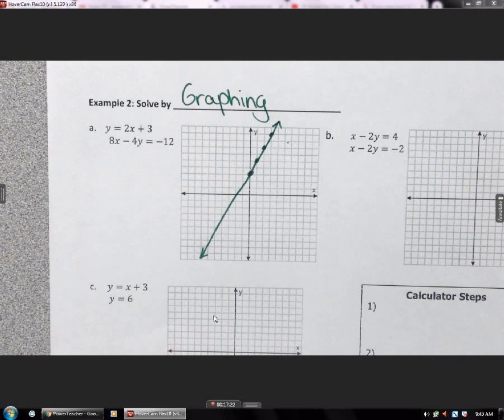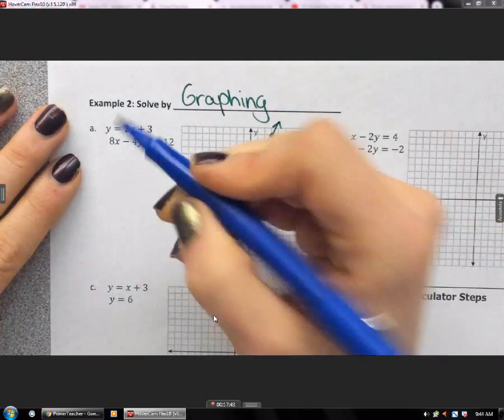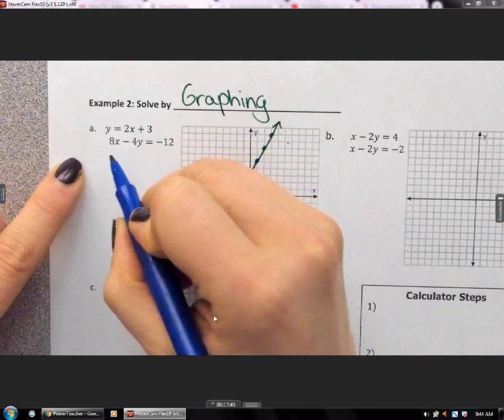Man, what do I do about that bottom equation, though? Find your intercepts, or you could solve for y. In this situation, I'm going to solve it for y because I'm going to show you how to do this on the calculator, and to do it in the calculator, you have to solve for y. So we need to get y by itself. What do I do first?